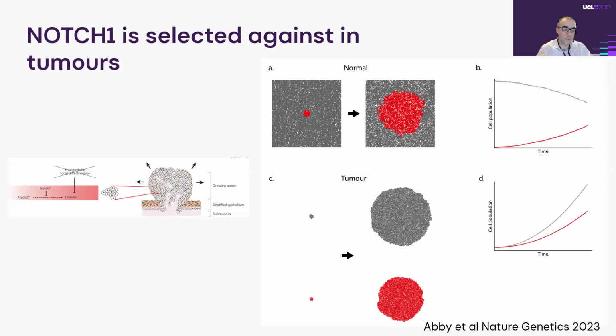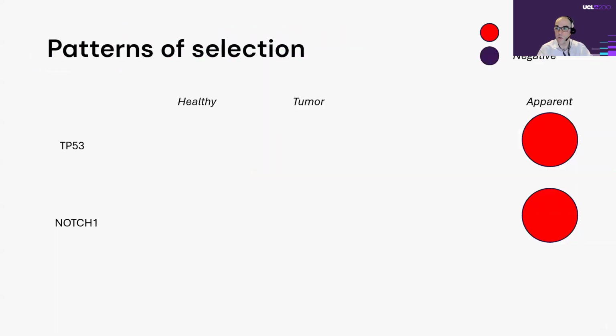This transforms our picture of evolution and also our confidence in our interpretations of the tumor sample data. Because I remind you that the apparent selection suggested that both P53 and Notch1 mutations were under positive selection and promoted the tumor growth.